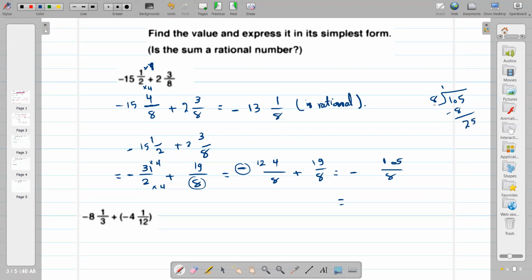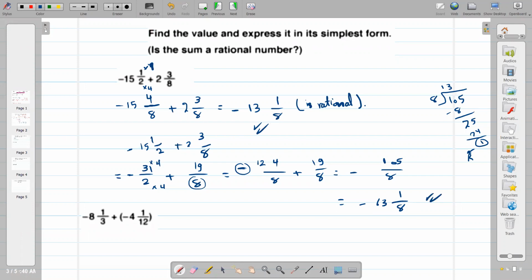The number multiplied by 8 to get a number closer to 25 is 3. 3 times 8 is 24, minus is 1. So the result will be 13, the denominator is 8, and this is the remainder. The remainder is 1. So the same answer. Okay, so this is the same answer.